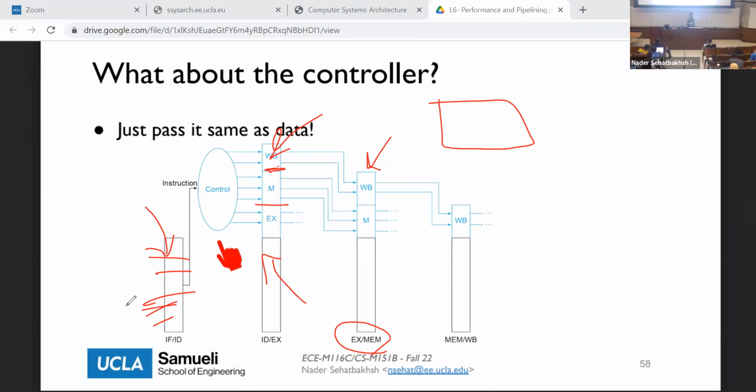Usually we don't do that because that complicates our design, because we need another control signal to tell the registers to skip or not skip. Once we move forward, you will see that there are things called hazards and branch prediction, branch misprediction. That's where you're going to see that we actually need to manipulate what needs to be stored and what needs to be passed on in these registers.